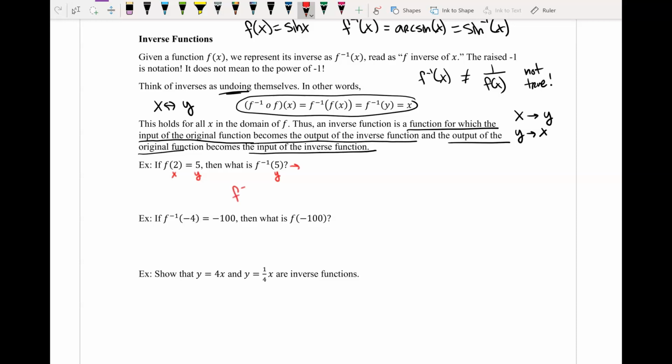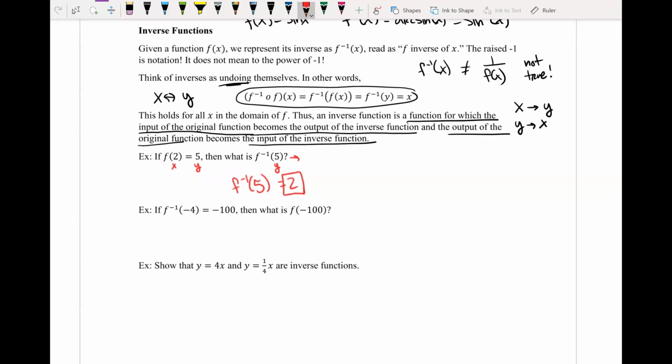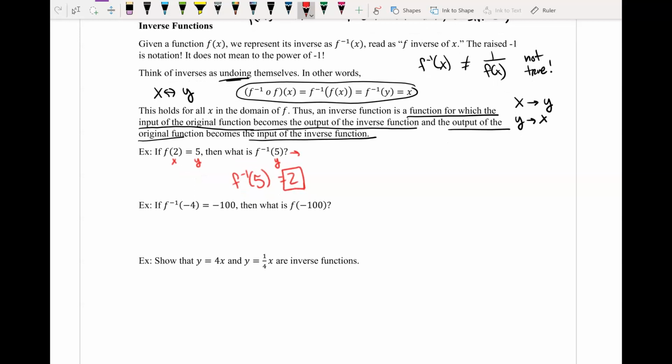So f inverse of 5 should equal 2. Imagine that they're kind of swapping each other. What do you think this is? If I know f inverse of negative 4 is negative 100, then what would f of negative 100 be? Well, because they're inverses, this one should be negative 4. So you're just swapping it.